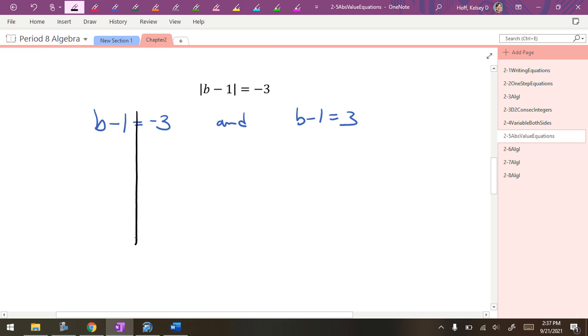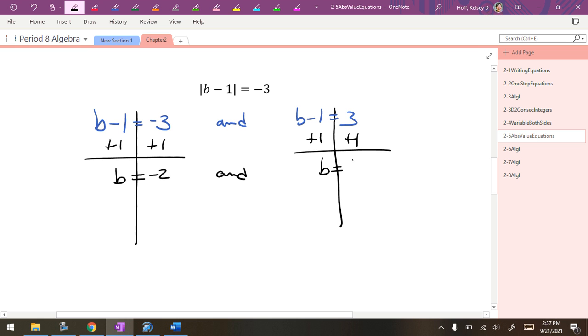On the left, to solve, plus 1. b equals -2. On the right, plus 1. b equals 4. We should always plug these in and double check. -2, plug it in: -2 minus 1, the absolute value of -3.